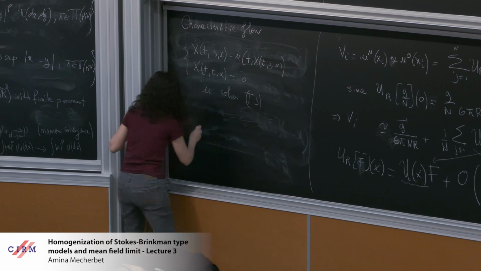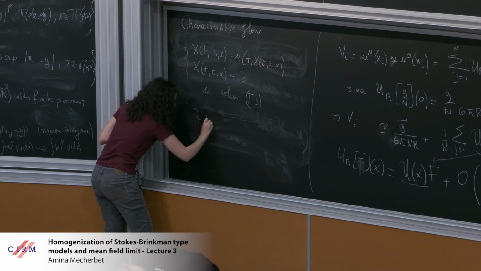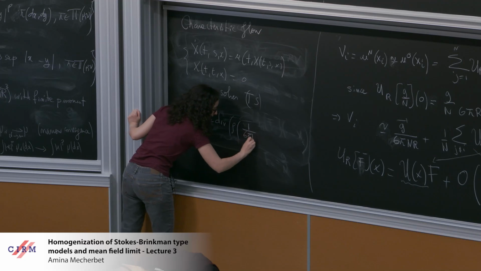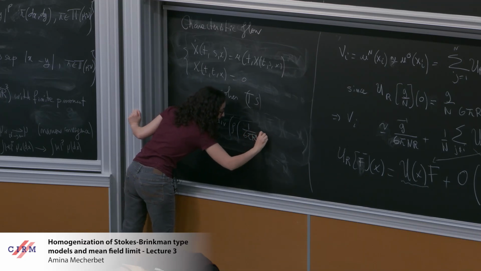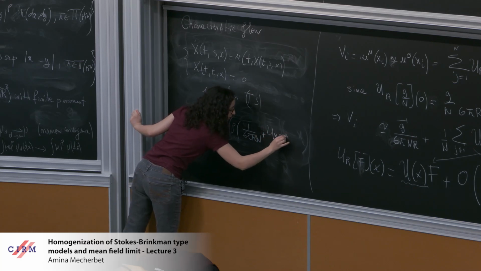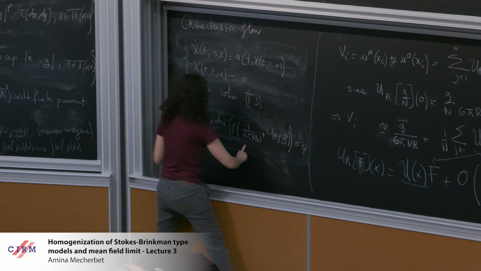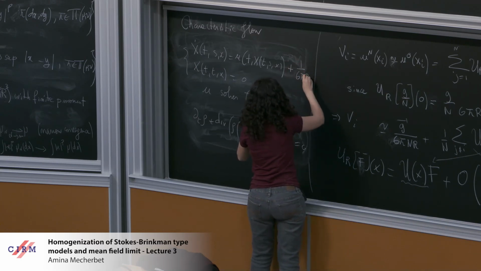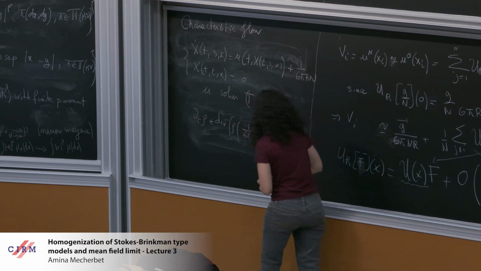So the velocity, let me recall the equation. There was a constant here, right? 6πRn plus u. So this is the velocity that I should put here. So this is u.